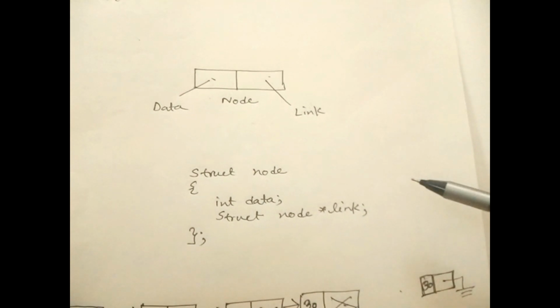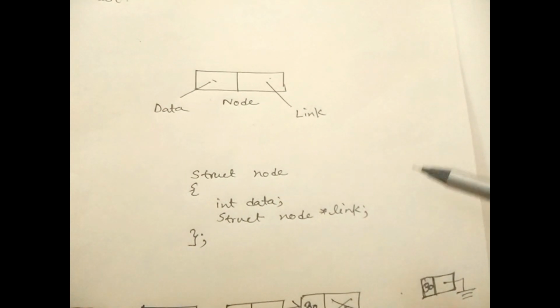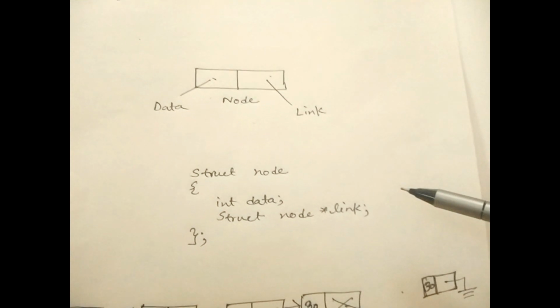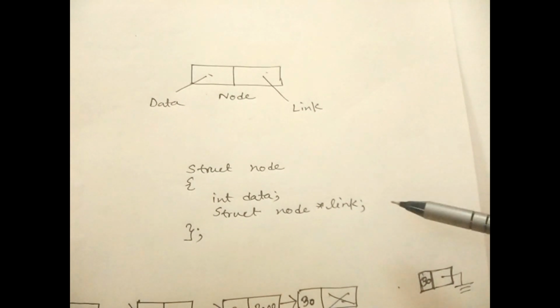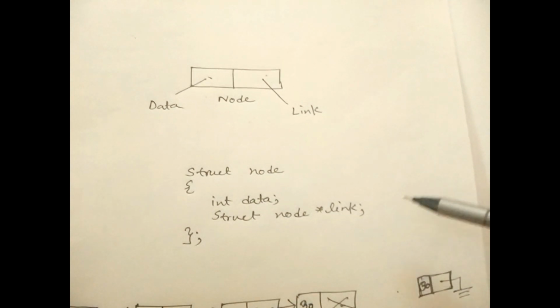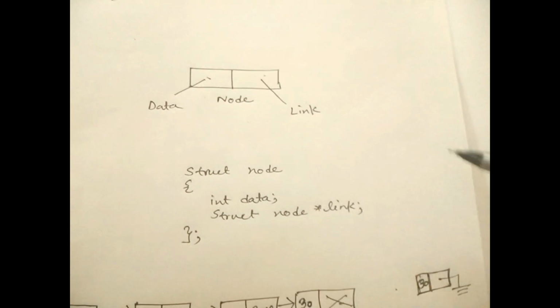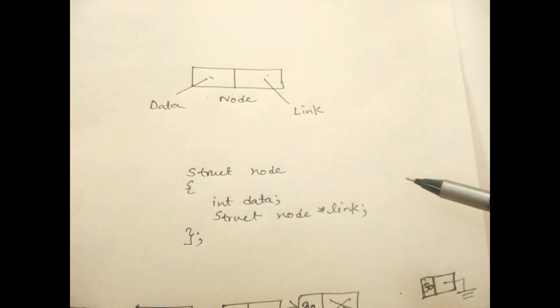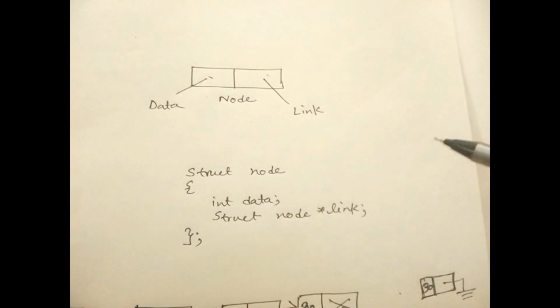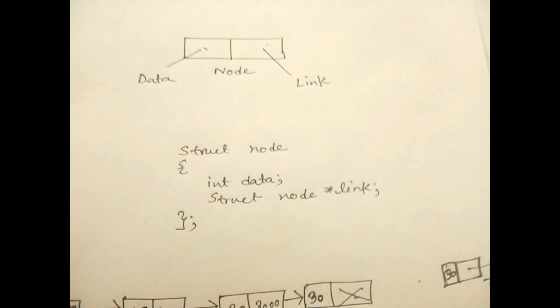Here we will store integer data. That's why we declare int data. Clear? In the next line we declare struct node pointer link. Link is a pointer variable which points to the structure. Actually it is the second field of the node which holds the address of the next node in the list.